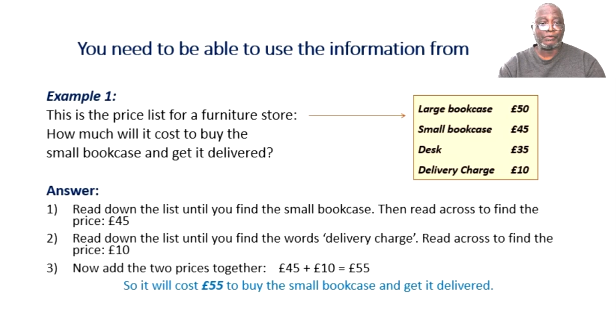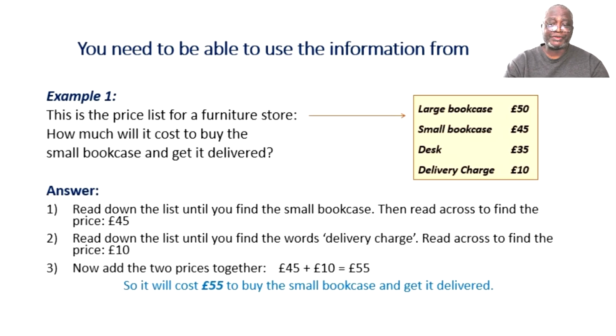In this example, you see the price of furniture in a store. How much will it cost to buy the small bookcase and get it delivered? The list of products are the large bookcase, which is £50, small bookcase, £45, desk, £35, and delivery charge, which is £10.